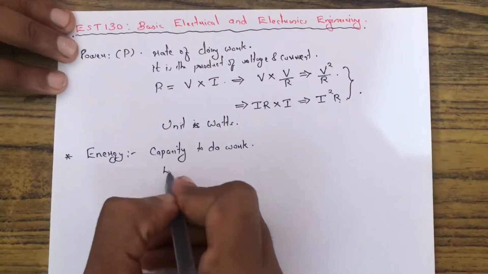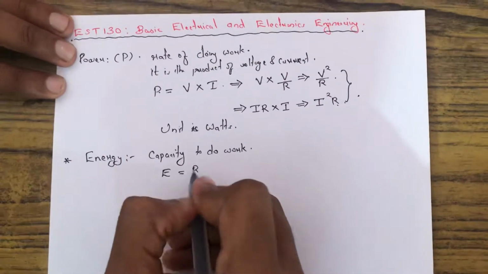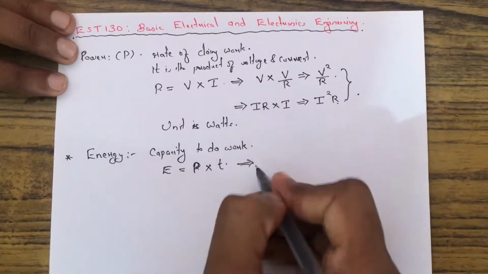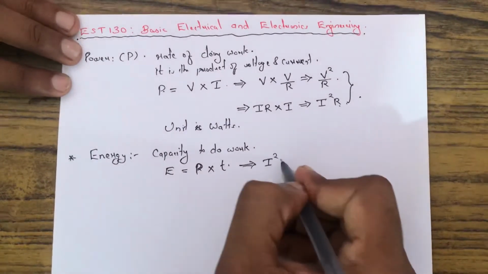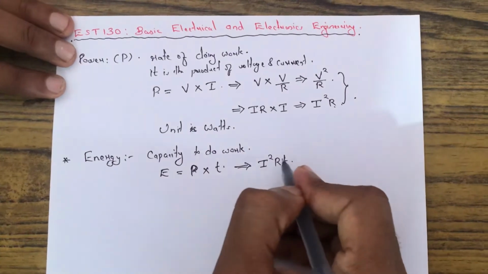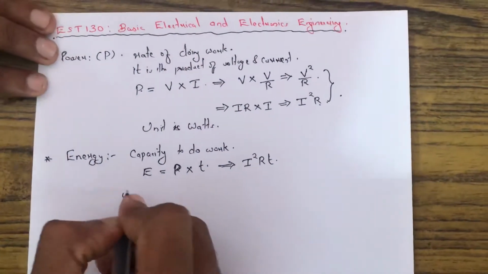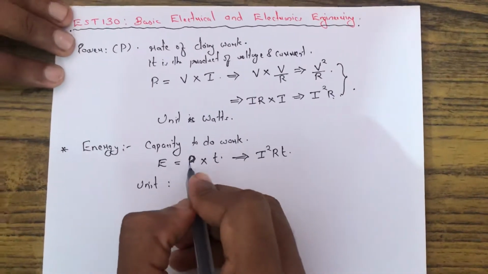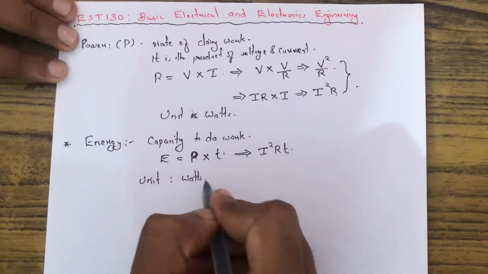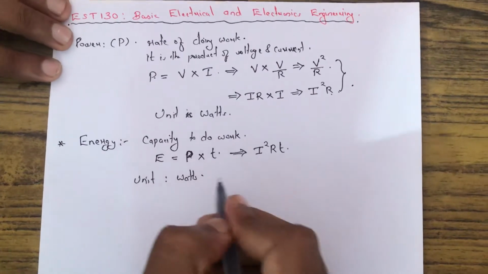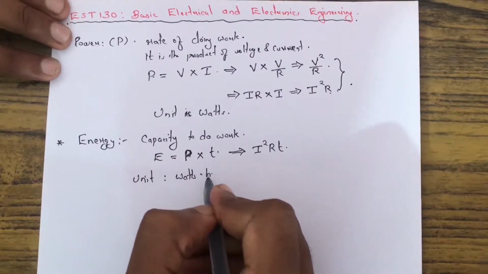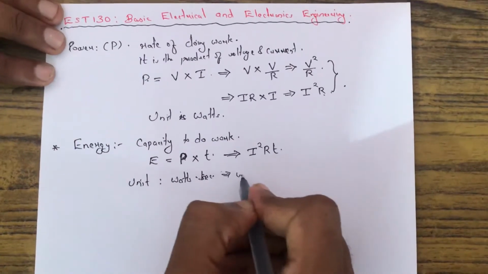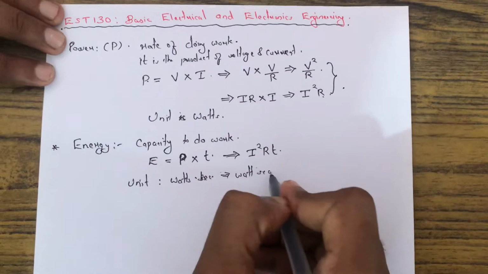So energy is equal to power into time, which is also equal to I square R into T. The unit of power is watts, and the unit of time is seconds, so we can write watt seconds.